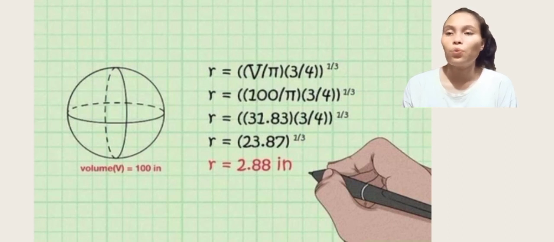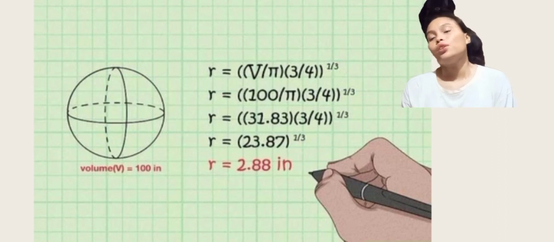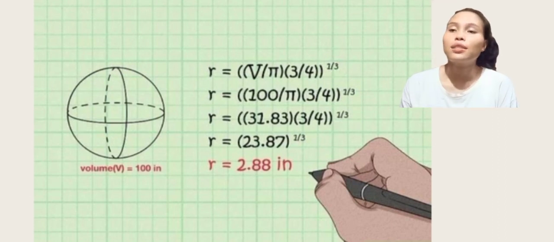We need to find the value of 100 over pi, which is 31.83, times 3 over 4. After we multiply 31.83 times 3 over 4, we come out with 23.87, to the power of 1/3. So let us find out the final answer, and that is 2.88 inches.